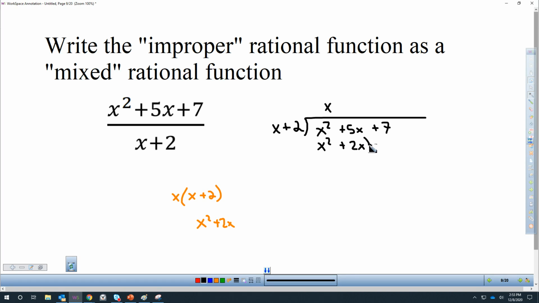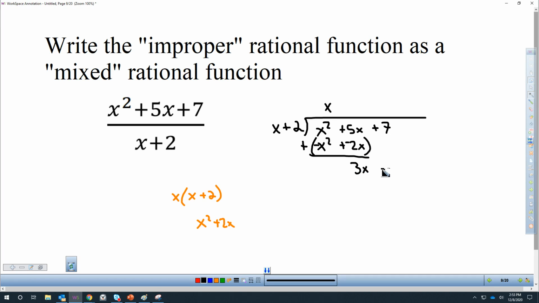And then I'm going to subtract this whole thing from this thing and see what I get. When I subtract x squared and x squared, I get 0. When I do 5x minus 2x, I get 3x. Remember we're subtracting the whole thing, so even though that's a positive 2, if it helps, distribute the negative so you don't make any mistakes. 5 and negative 2 make 3.